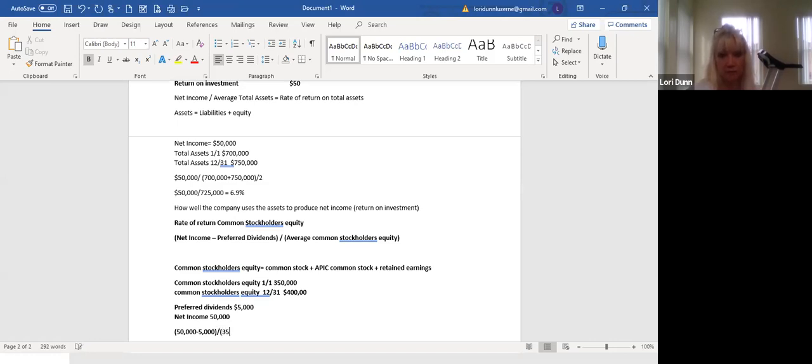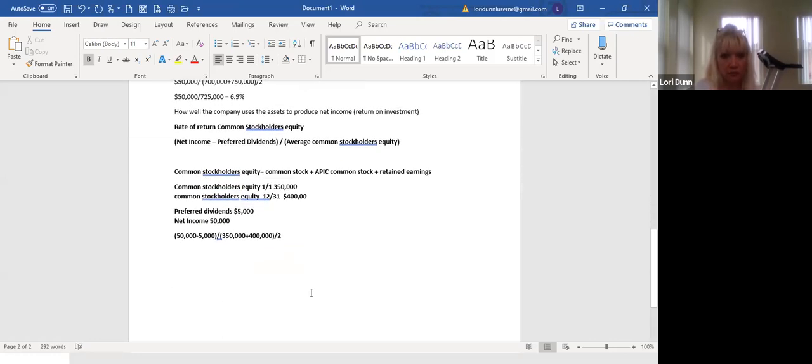Divide that by your average common stockholders' equity, which would be the beginning balance plus the ending balance, divided by 2. So we're looking at 45,000 divided by 375,000. And getting 12%.